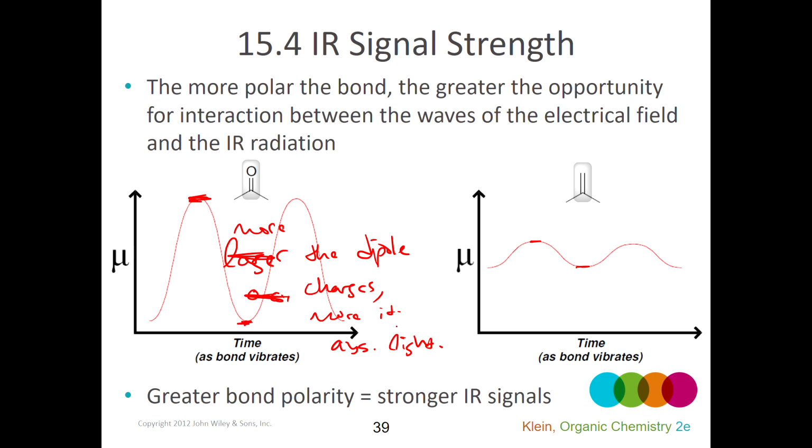And so that's just a phenomenon that's observed. And so what that means overall is that the greater the bond polarity, the stronger the signal. The more polar the bond, the bigger the difference in the dipole when the bond is stretched versus compressed. And the more light it will absorb.